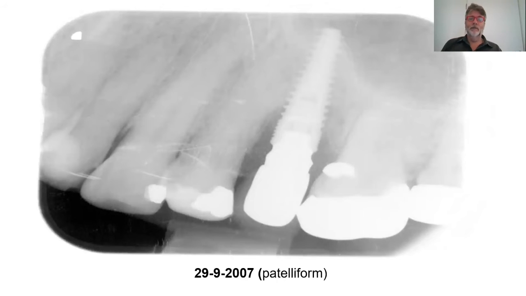Now, there's a number of reasons for that. Patient wasn't looking after it. There'd been some things coming loose. So we'd had an awful lot of bone loss in that period. Now, this implant is still functioning. It's surviving. Is it a successful implant on the scale of Albrektsson?